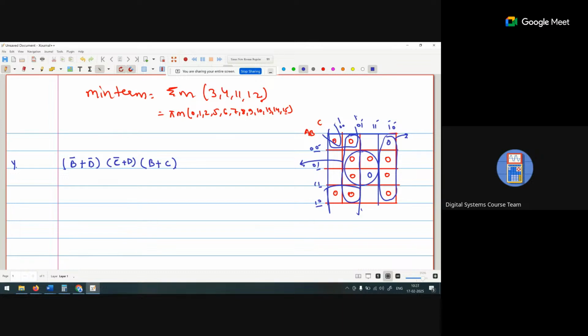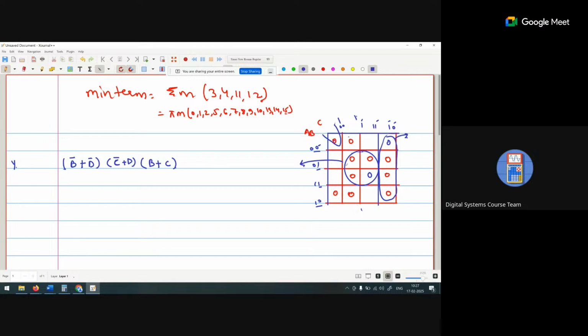Now in this case, we have completed it with only three groups. So which one is better, four groups or three groups? Three groups, sir. Actually, you took rows one and four, a group of four max terms, but I took four corners.